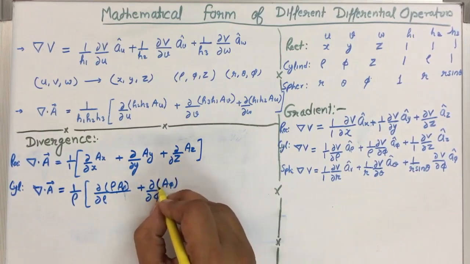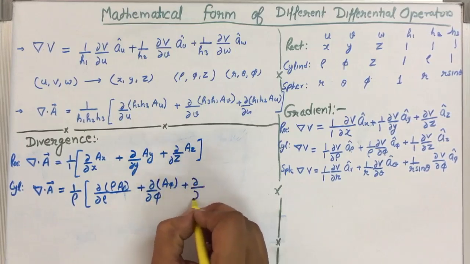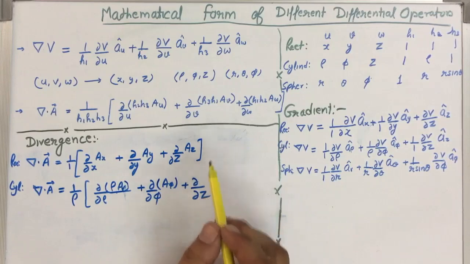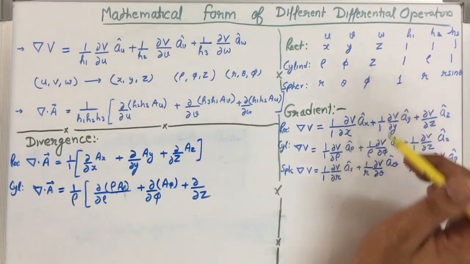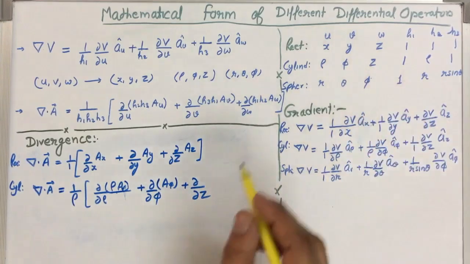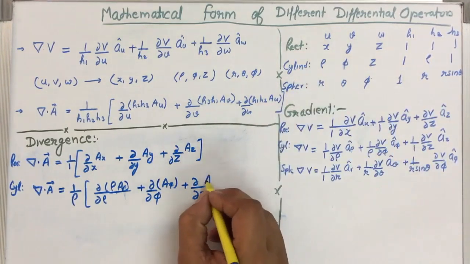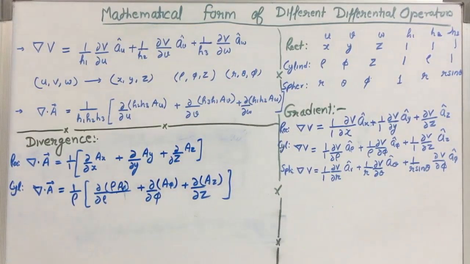H1 and H3 are 1, that's why I have not written anything here. As w changes to phi, w changes to z in the cylindrical case. So A z. Hopefully there is no problem.